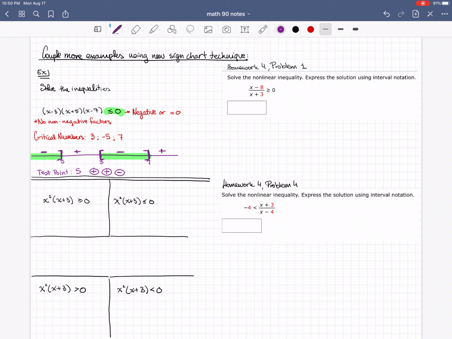If you're in doubt, like, oh, I find it confusing whether to include the endpoints or not, one thing you can do, and you'll only need to do it a time or 2, is take the endpoint and plug it into the inequality and see if it's satisfied. For example, if I plug -5 in for x up top, I get -8 times 0 times -12. Boom, there's a 0 in there. The whole product is 0. Is being equal to 0 okay?